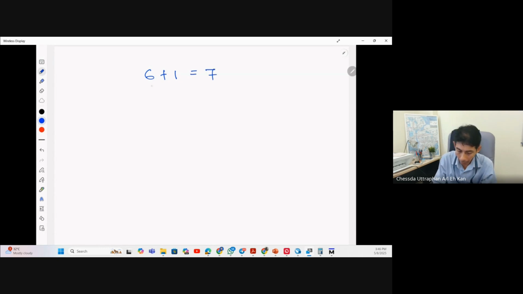When we represent this in binary, we have 0, 1, 1, 0. When we represent this in binary, we have 0, 0, 0, 1, which is good. When we represent this in binary, we have 0, 1, 1, 1, which is good.